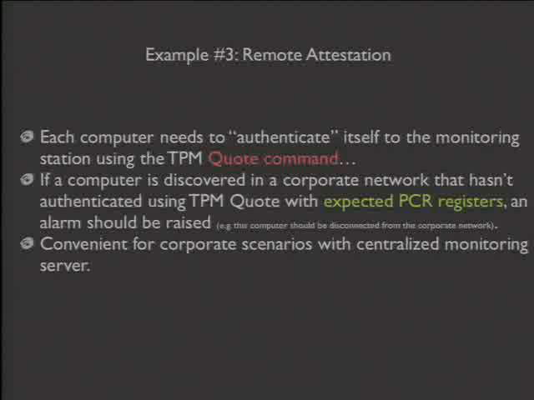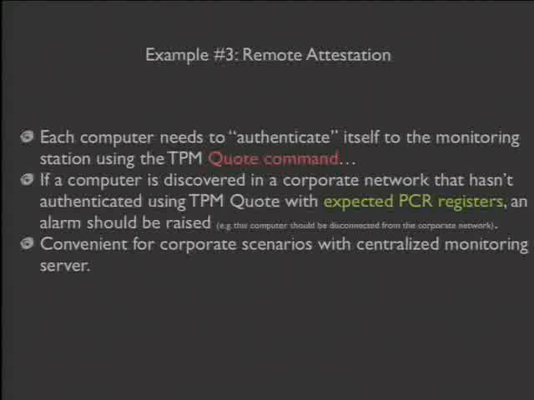So only if the correct system booted will the TPM sign correct PCR values. And of course, if the system boots and the PCRs are wrong, or the system is present in the network and has not authenticated, we can cut it off.